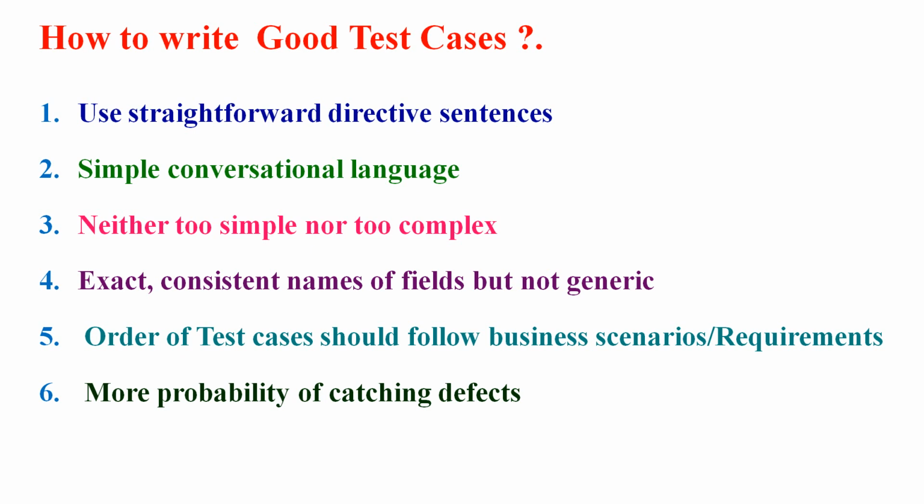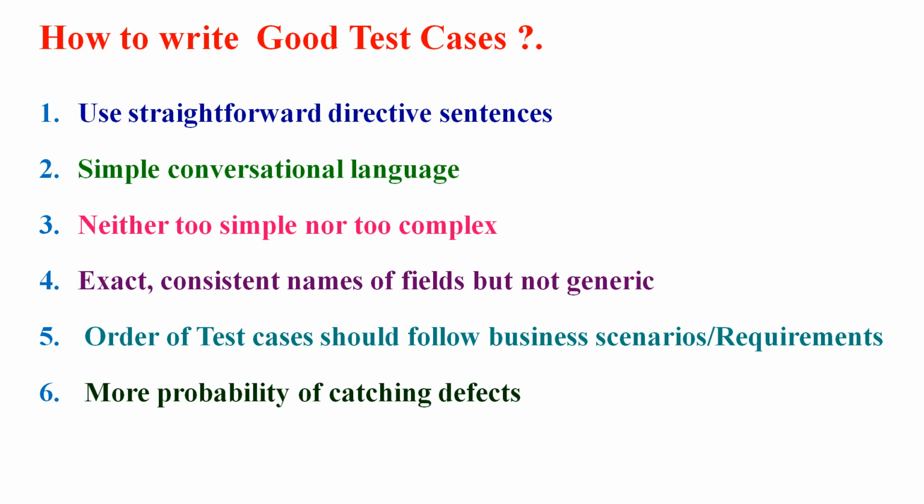If and only if the test case is more effective, then only can the test case catch the defects in the project. So the probability of catching the defects should be more. That is the important point. So the test cases should be designed in such a way that there is a higher probability of catching or finding the defects.